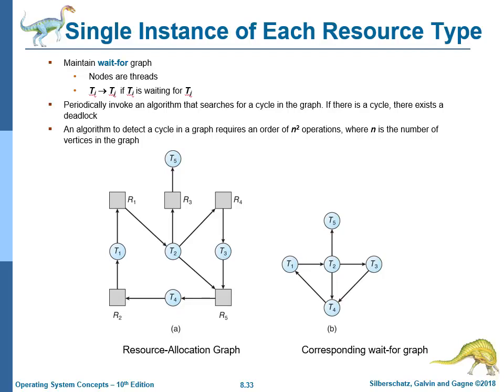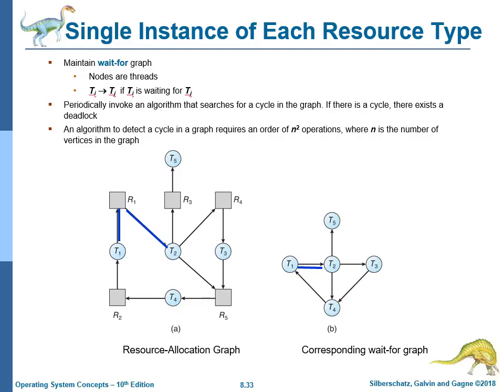An edge from Ti to Tj in a wait-for graph simply implies that the process Ti is waiting for a process Tj to release a resource that it needs.